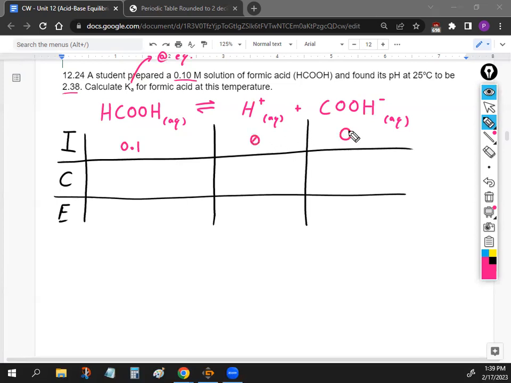All right, so let's go to the change row now. For the acid, what's going to be the change? Positive or negative? Negative. Good. Negative X. And since these guys start with 0, you have to form them, so positive X, because the mole ratio is 1 to 1 to 1.